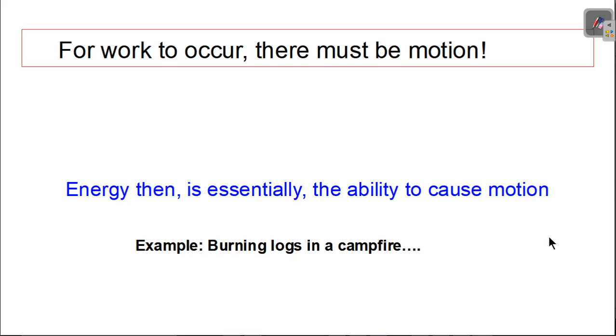Because energy, if you remember the definition of energy, is the ability to do work. And work translates into motion. If you don't move, that force is not causing work. So energy is the ability to cause motion. Keep that in mind from now on, okay?